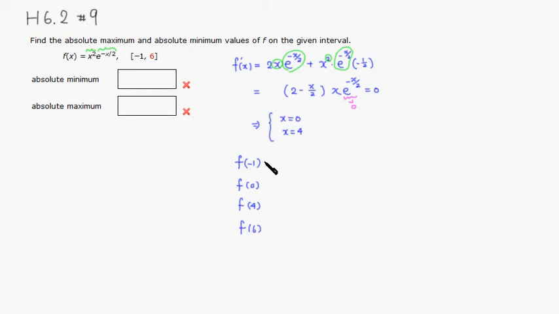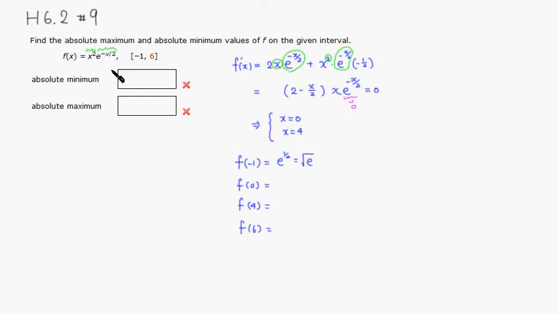Let's compute f of negative 1. Plugging into the original function, negative 1 squared is 1, and e to the negative 1 over 2 gives e to the 1/2, which is the square root of e.